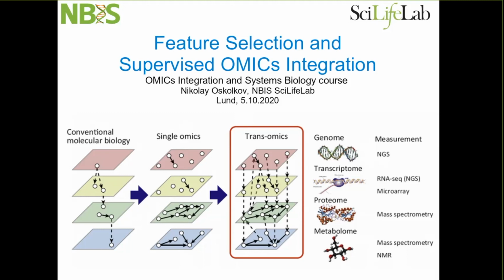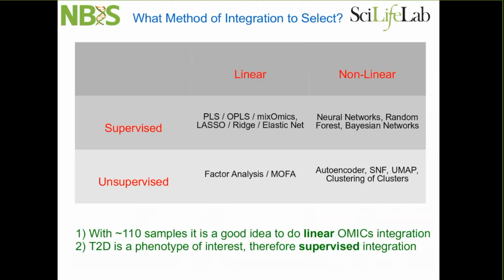So now I will explain how you do feature pre-selection and concentrate on supervised omics integration. So again, this table that I briefly showed you on one of the last slides from the previous lecture sort of structures different integrative methods.